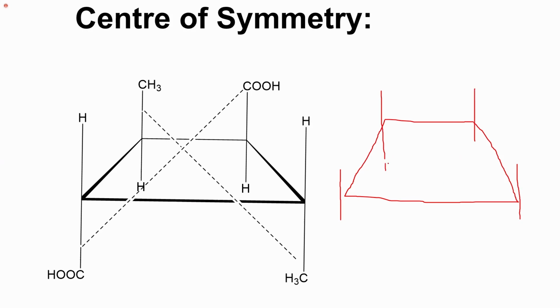So let's say this is a hydrogen atom, this is a CH3, and this is a C double O, and this is a hydrogen. And this is a hydrogen.